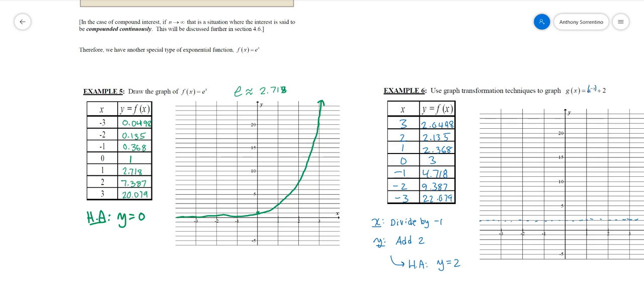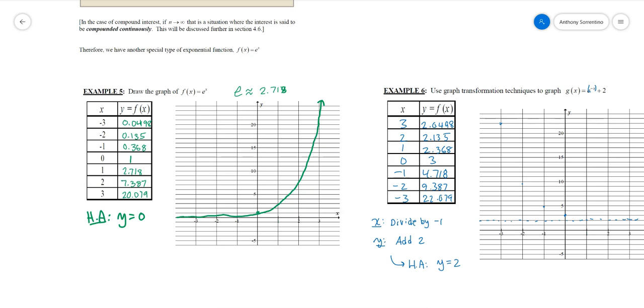So if I start plotting those points, 0, 3 would be about here. Negative 1, 4.71 would be close to that 5. Negative 2 would be at 9.38, so roughly about there. 3 at 22.07, so we're talking about there.